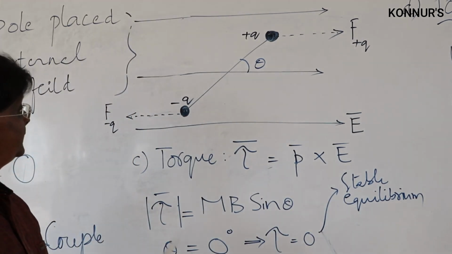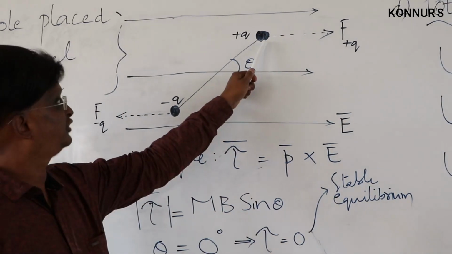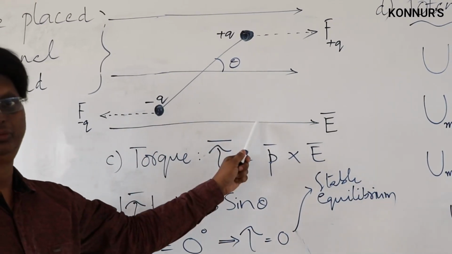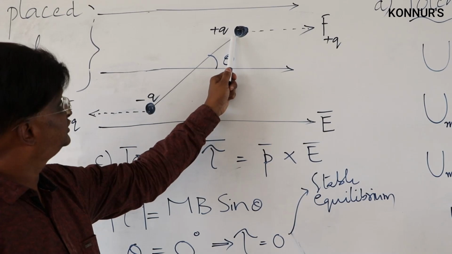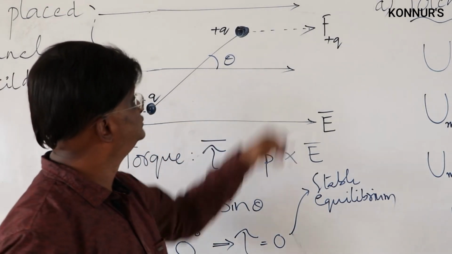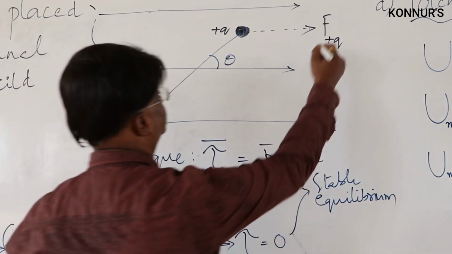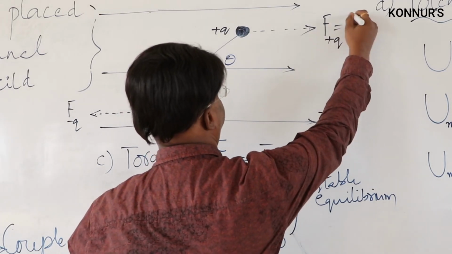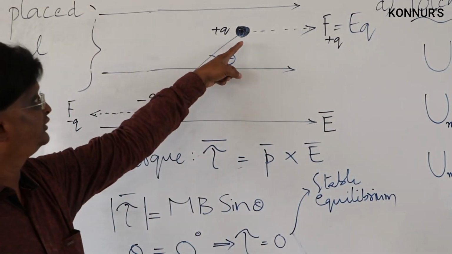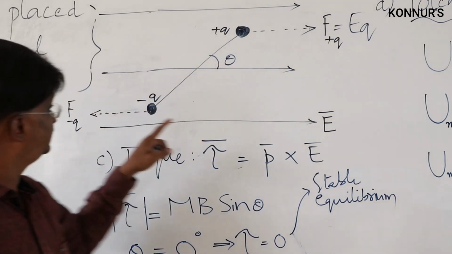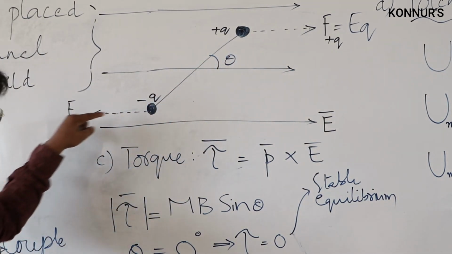Now, each of the charges will experience a force by principle. The positive charge, a force along the field, which is nothing but E times Q. This force on the positive charge you can see along the field, and this force on the negative charge is opposite to the field.